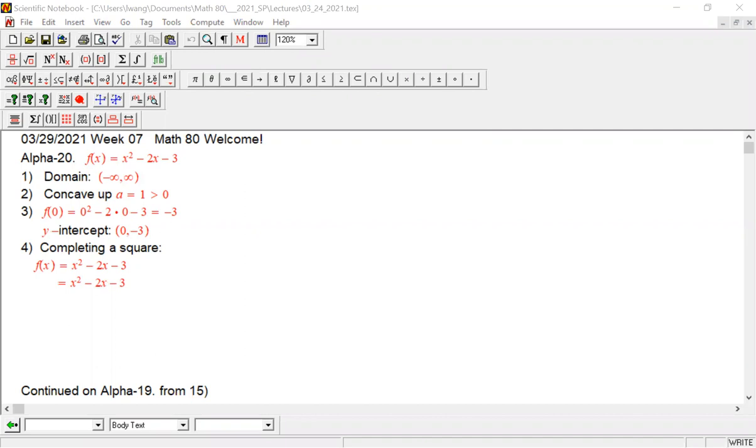What would you do to complete a square here? Alan? Alan? Are you guys there?